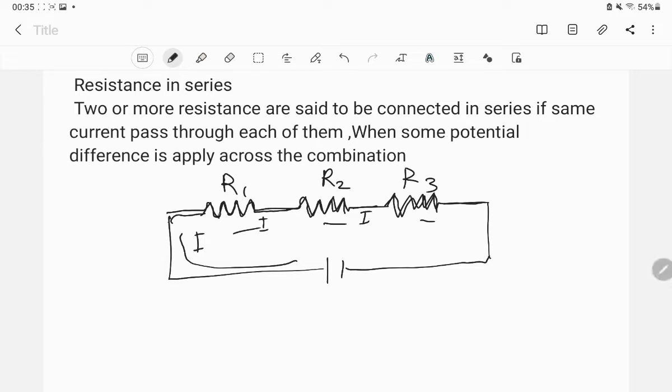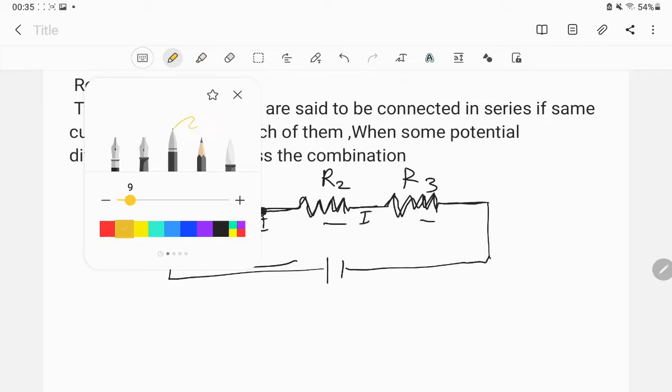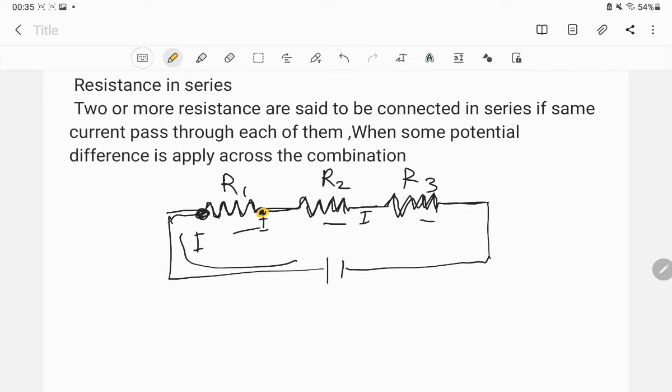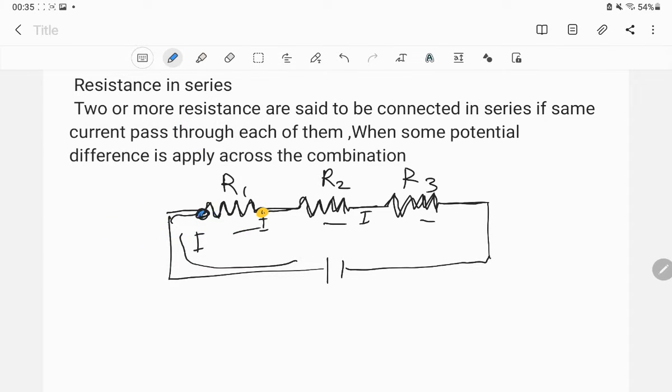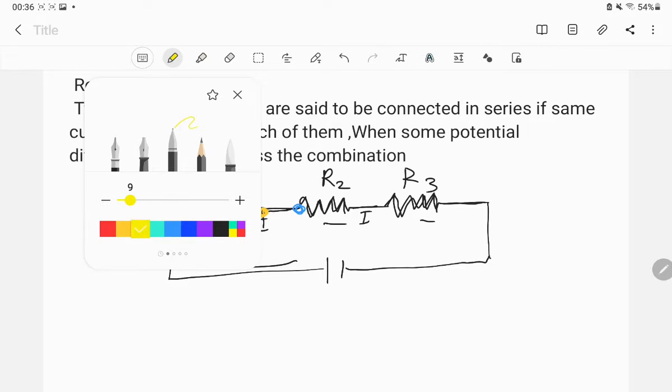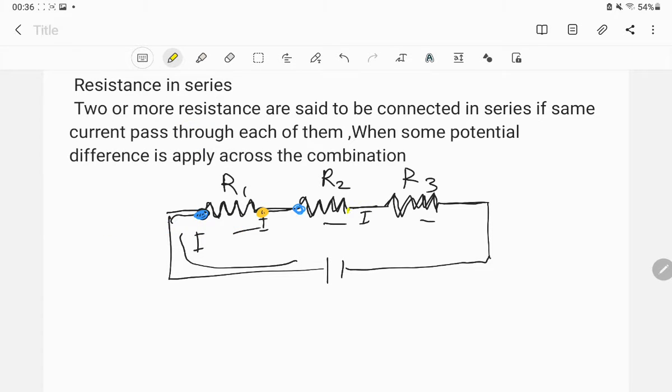Or see, series means one after another. Let's say this is head and this is tail. Let's say this yellow represents the head and this blue represents the tail.